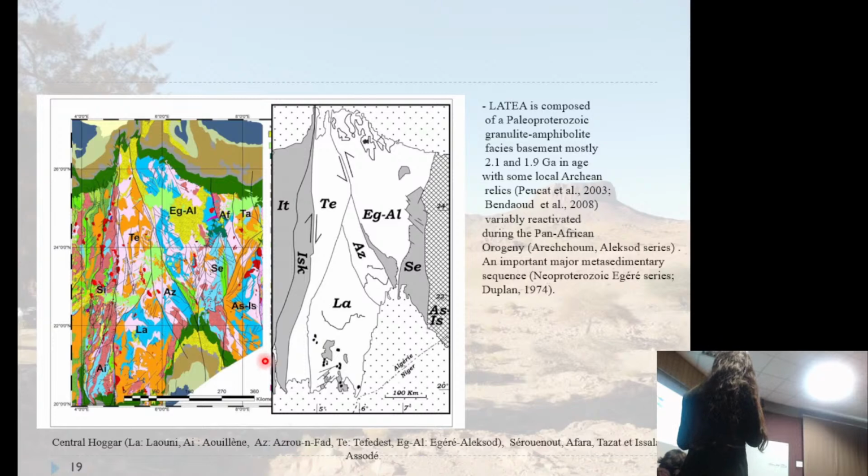As you see here, Afara. This is an old map, and as you see, Afara was not in it. And Aywilen here was not here either. So these are the two that Yejua added in 2019.